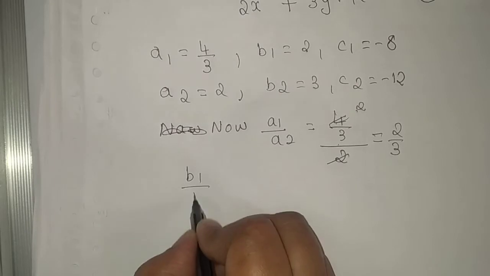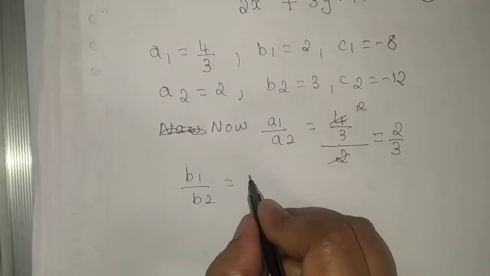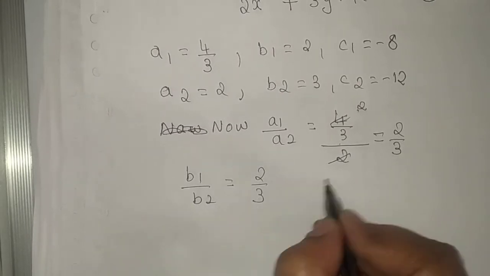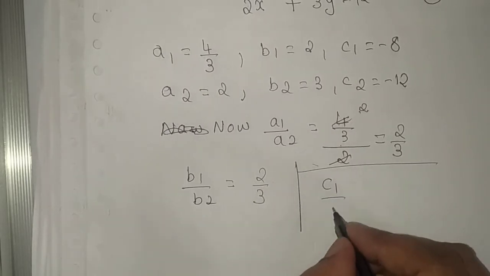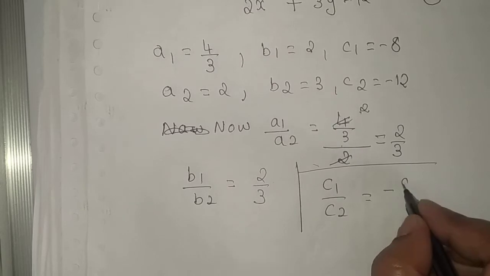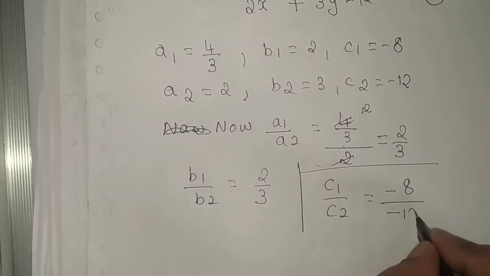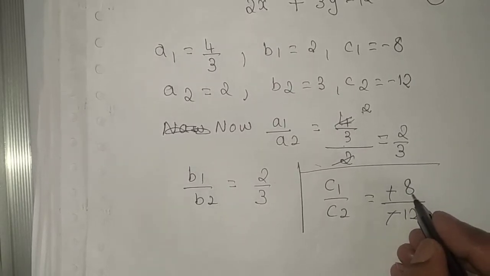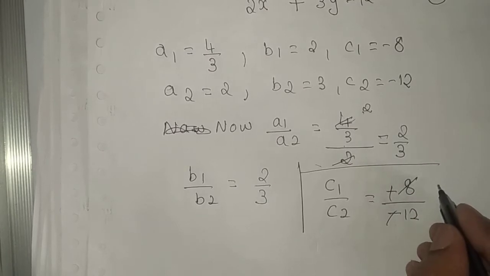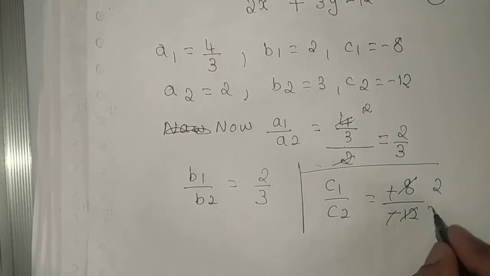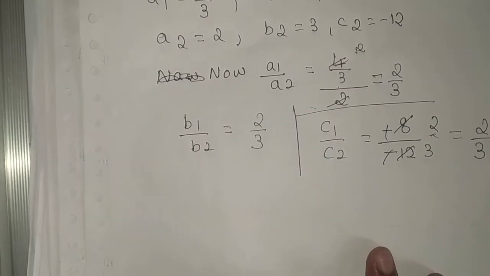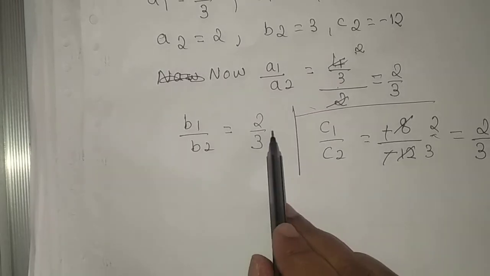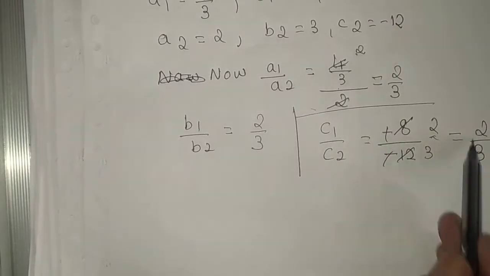Next one, b1 by b2 is equal to 2 by 3. Similarly, c1 by c2 is minus 8 by minus 12. Minus minus cancel, that is 4 twos are 8 and 4 threes are 12. So we get here 2 by 3. Here also the same thing, in all three cases we have the same values.